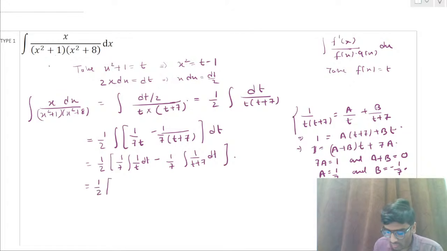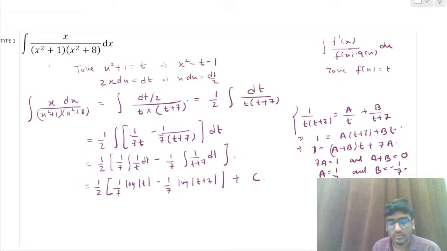Now the integral 1 upon t gives log t. Now this integral 1 upon t plus 7 again gives log of t plus 7. We can place constant term c.